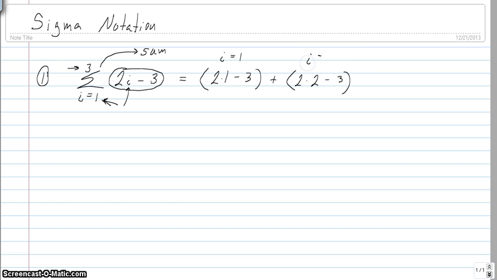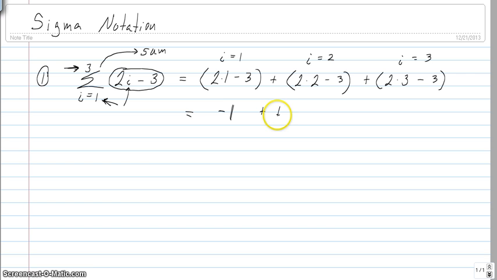So this is the expression for I equals 2, and then we're going to add to that, we're going to up the value of I by 1, plug into the same expression. Okay, so this is for I equals 3, and the upper limit here is 3, so that's where we stop, and then we can simply add these numbers together.